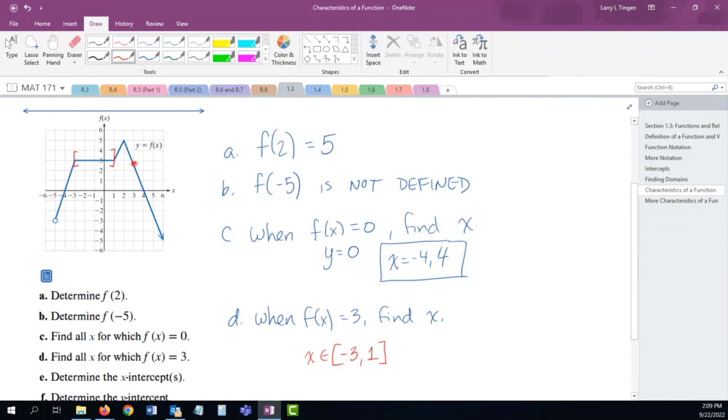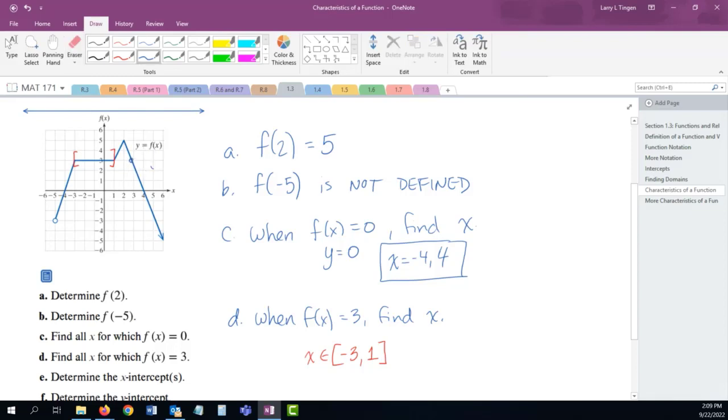So that gets all of those, but I have something else, right? This function also crosses the line y equals 3 right here. Now, what close do I need to get?